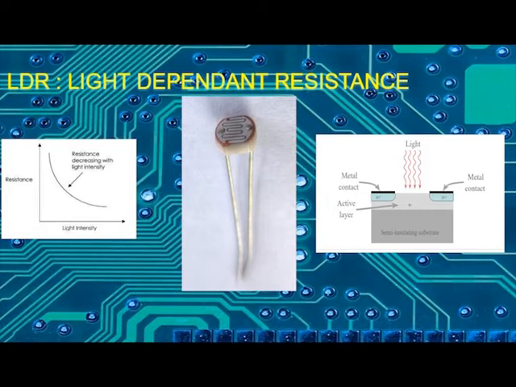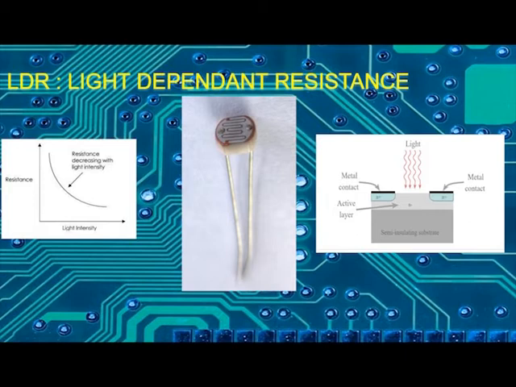Now let us see some practical examples of sensors. Light dependent resistance or LDR is a type of photoresistor.